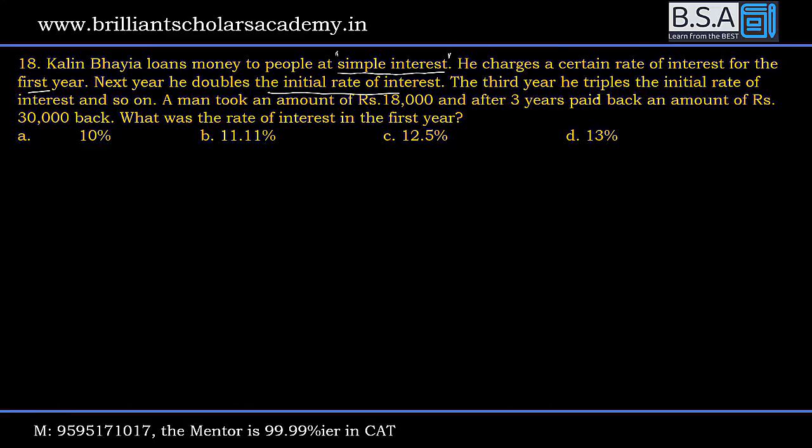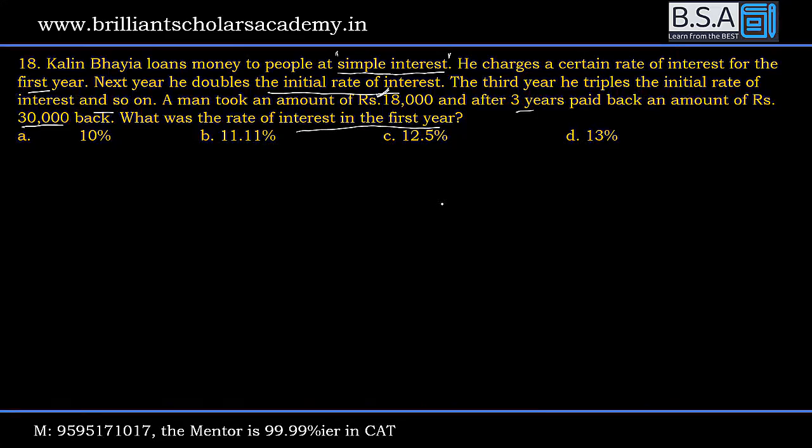Third year, he triples the initial rate of interest and so on. A man took a loan of rupees 18,000 and after 3 years, he paid back an amount of 30,000. What is the rate of interest in the first year?